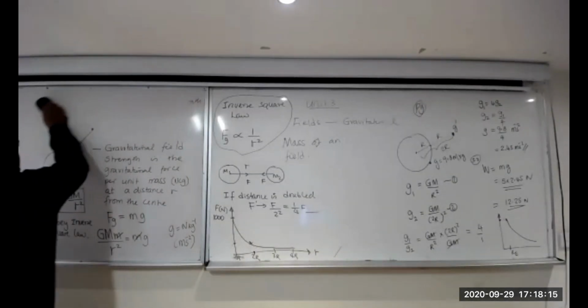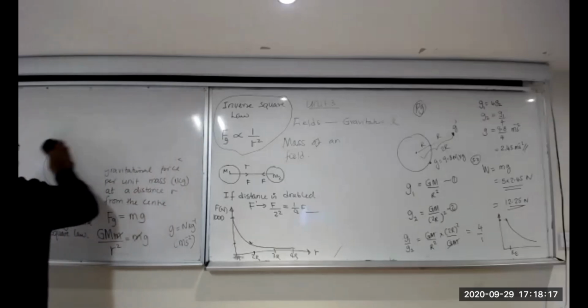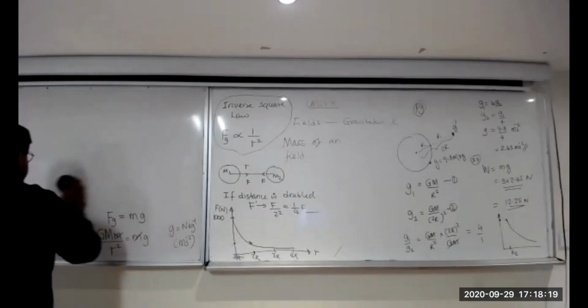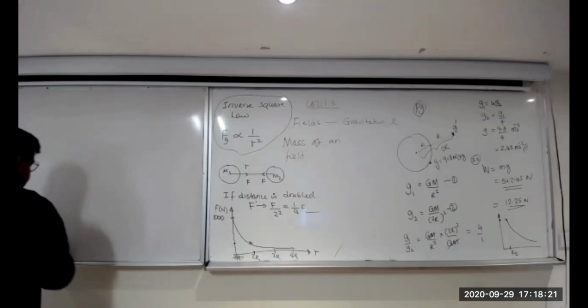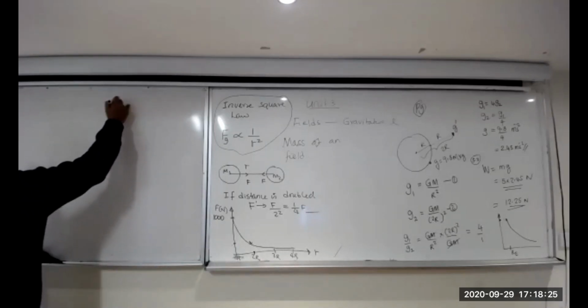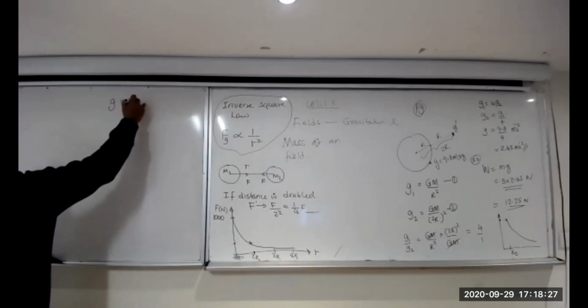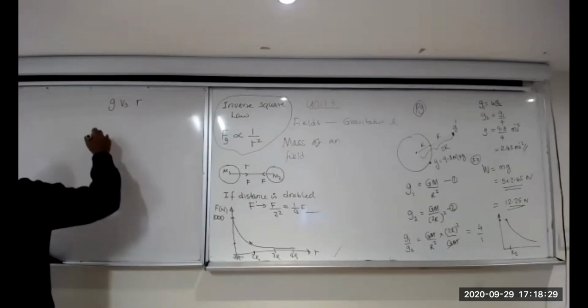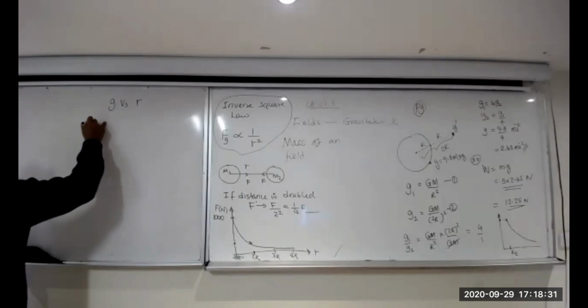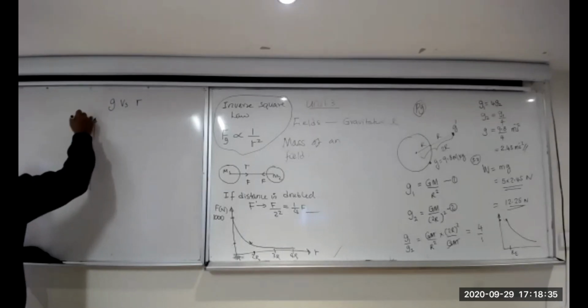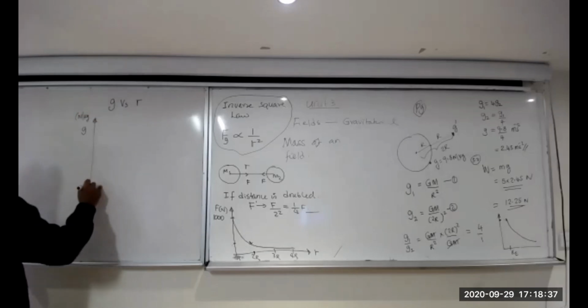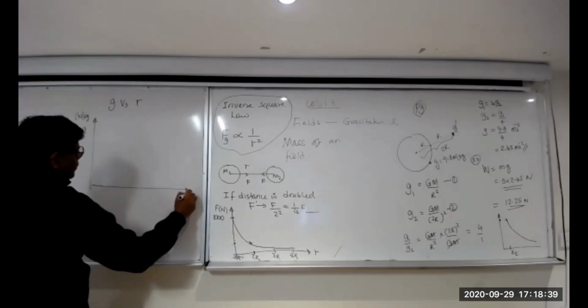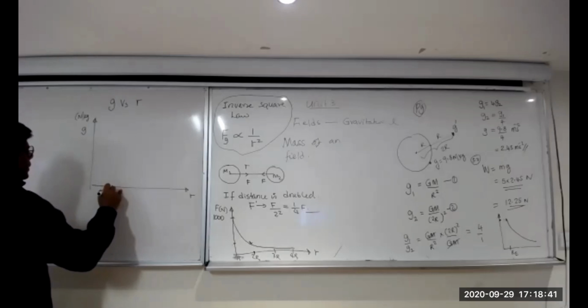Now, if you look at the graph, guys, for gravitational field strength versus distance, the shape is pretty similar to a force-time graph. This is at the surface of the Earth.